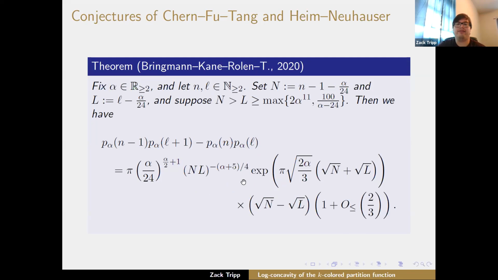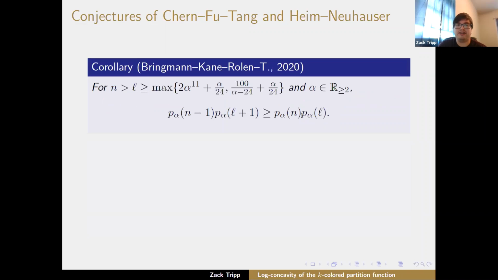So regardless, everything here is positive. So we are able to conclude that as long as L is big enough, we have the statement of the conjecture. Okay, great. And this is for any real alpha bigger or equal to 2.